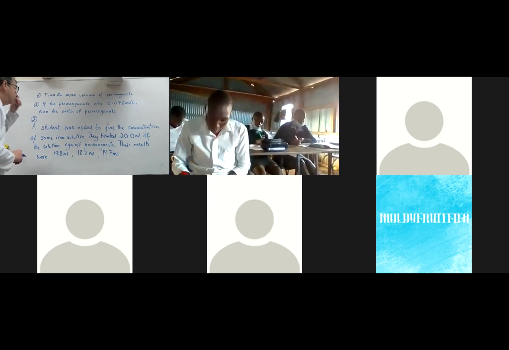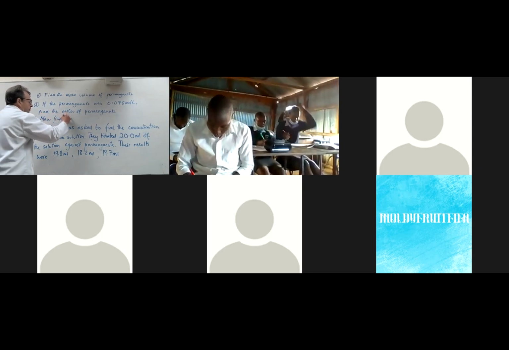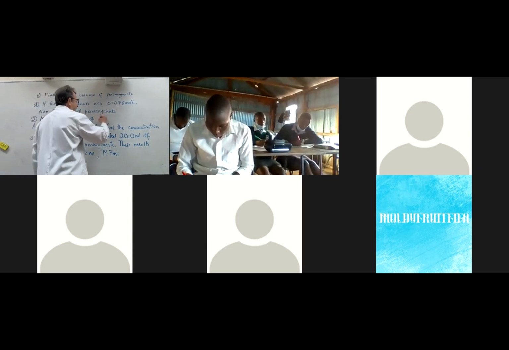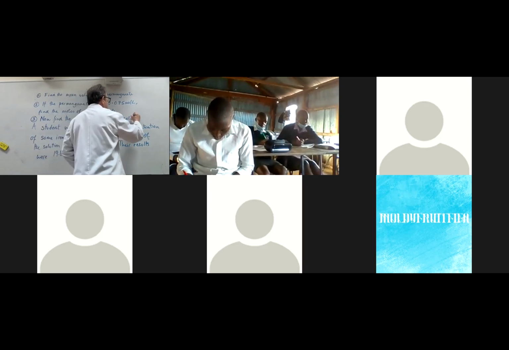Number three, now find the moles of iron in the solution.